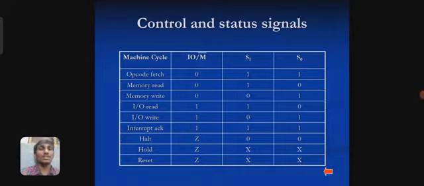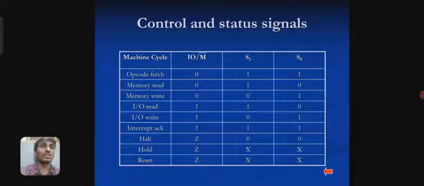So this table defines the instruction codes for each parameter, like opcode, memory read, memory write, input read and input write. Memory read has IO/M 0, S1 is 1 and S0 is 0, and memory write similarly has 0, S1 equals 0 and S0 equals 1.